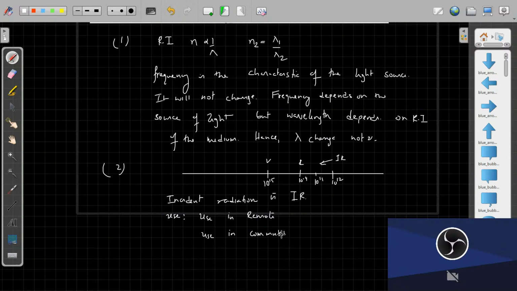We can use it in the greenhouse effect. Then infrared lamps, and IR detectors. It has so many applications.